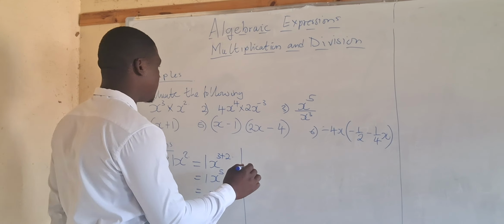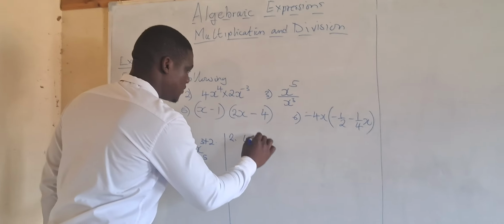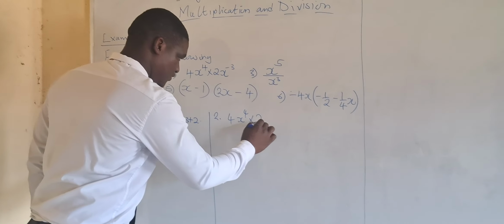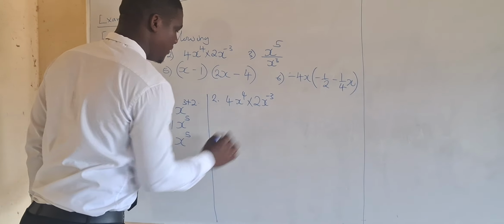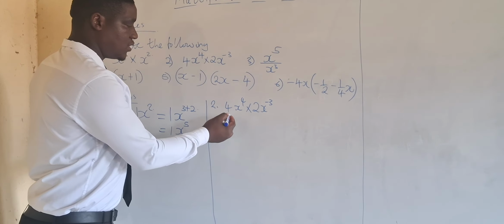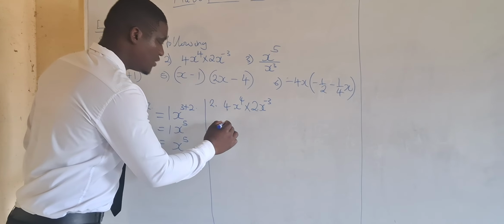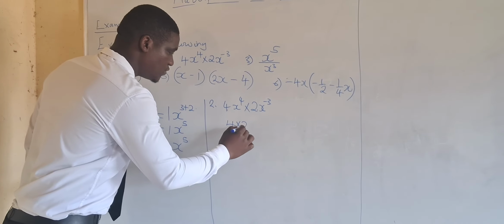We move to number 2. Number 2 is saying 4x to the power 4 times 2x to the power minus 3. As I say, the first thing that you do, you multiply the coefficients, which here is 4 and 2. You say 4 times 2.